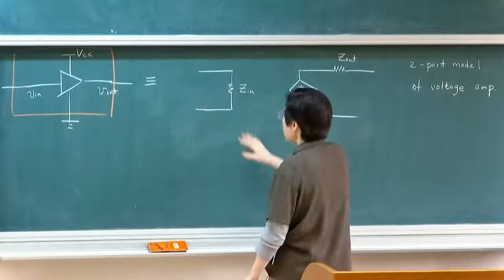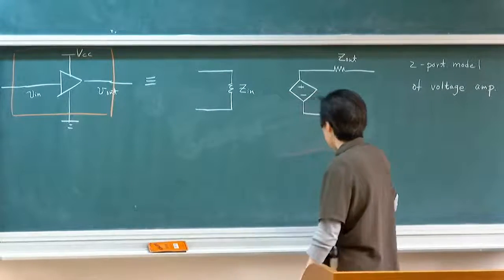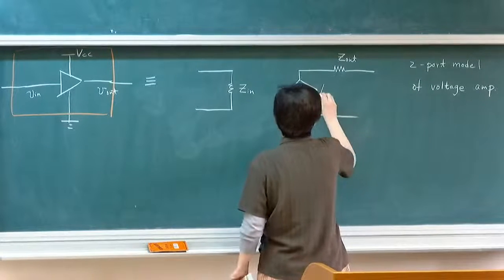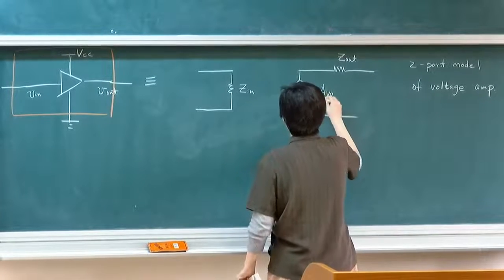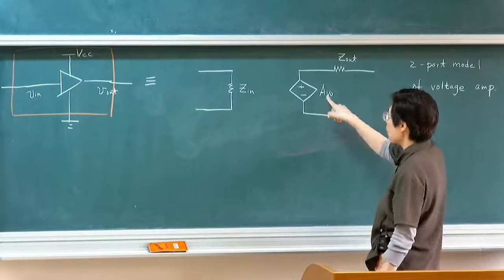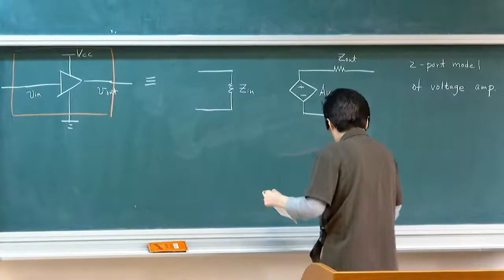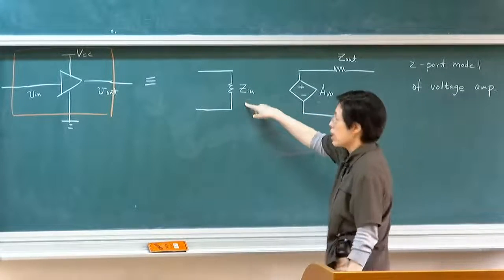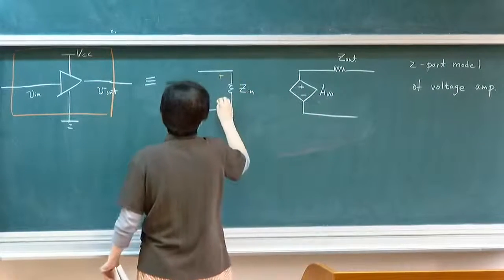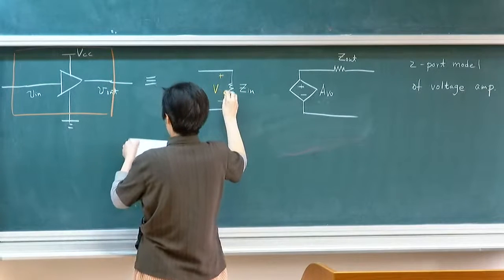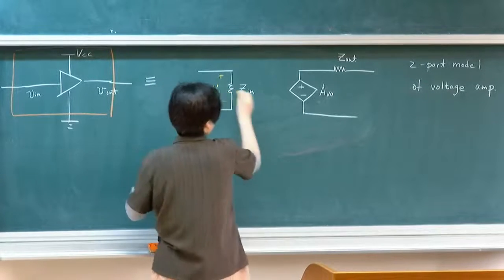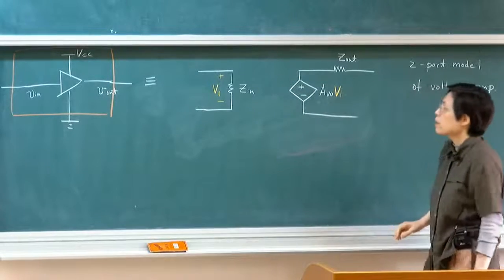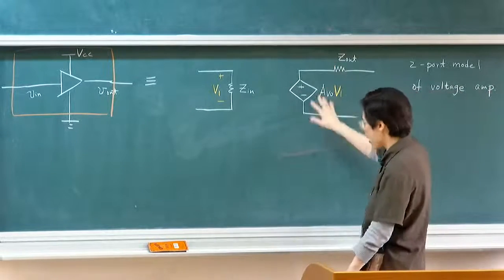This is the equivalent two-port model, and let me finish this description. I have a voltage gain, that's the key, voltage AV. This voltage controlled voltage source depends on its input voltage here, V1.